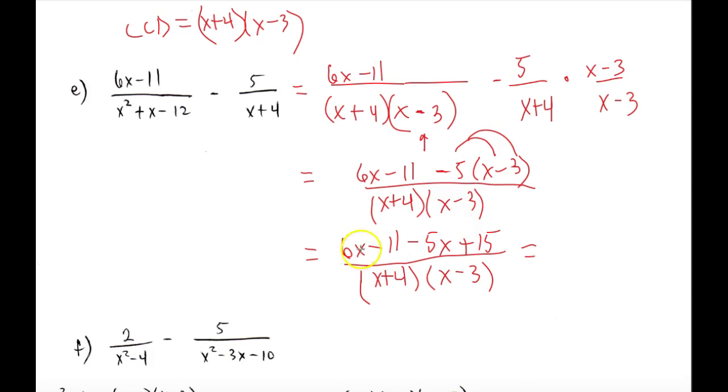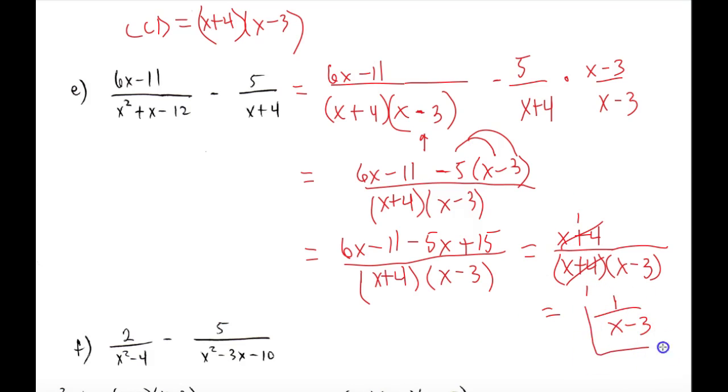And then we just combine like terms. 6x minus 5x is a positive 1x. Negative 11 plus 15 is a positive 4. Once that's done, we have a common factor of x plus 4. And of course, our final answer ends up being just 1 over x minus 3.